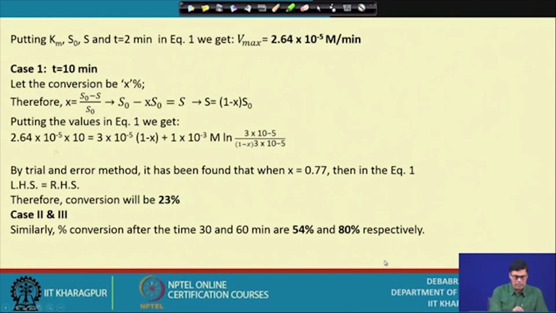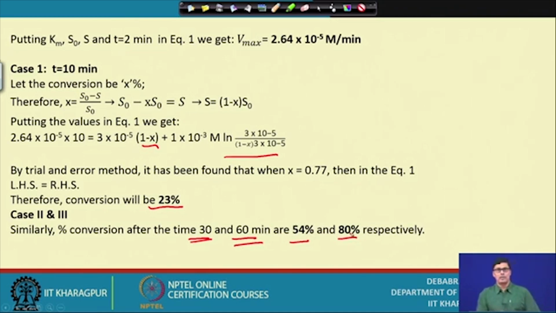Now we can put the values in this equation, and through a trial and error method we have to find at what value of x the left hand side equals the right hand side. We find that after 10 minutes 23% substrate is converted, and similarly if we calculate after 30 and 60 minutes we find 54% and 80% substrate will be converted.